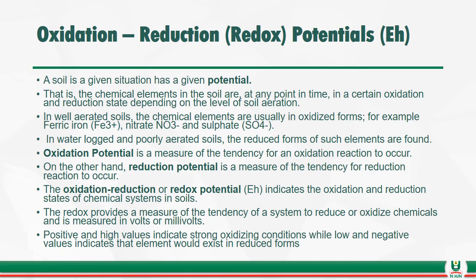The redox provides a measure of the tendency of a system to reduce or oxidize chemicals and is measured in volts or millivolts. Positive and high values indicate strong oxidizing conditions, while low and negative values indicate that elements would exist in reduced form.